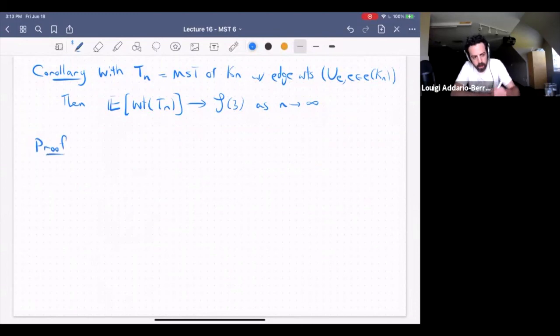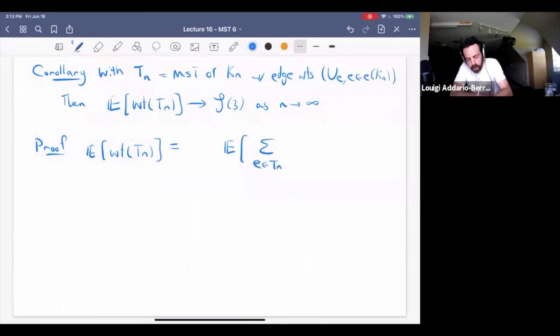We just say this expected weight is the same as if we sum the weight over... So I want to relate this to the total weight of edges in the minimum spanning tree that are incident to a fixed vertex, say 1. Okay. So I need some prefactor here.